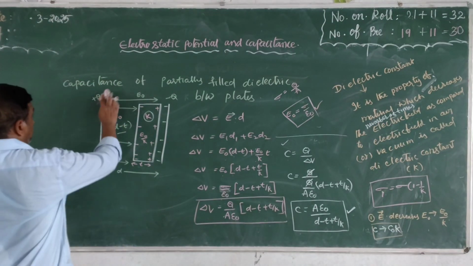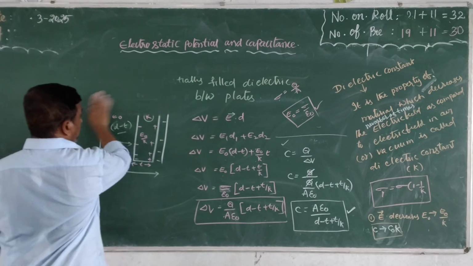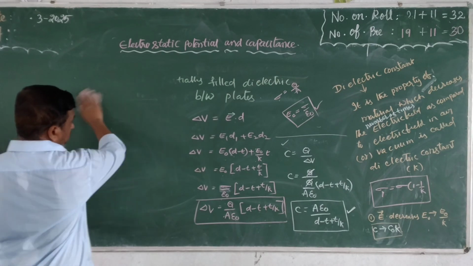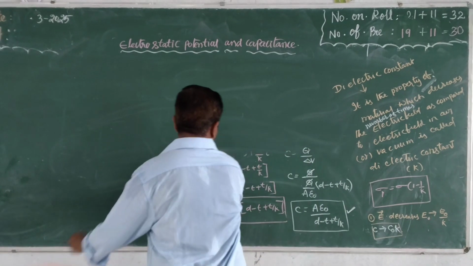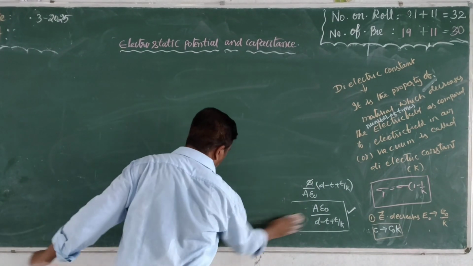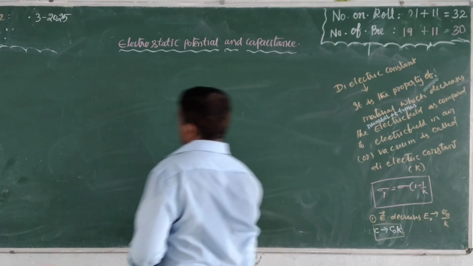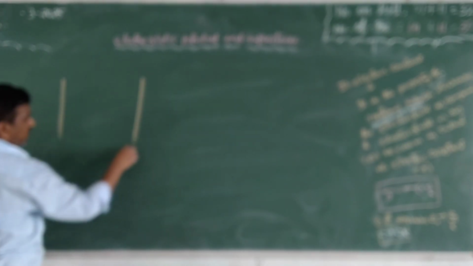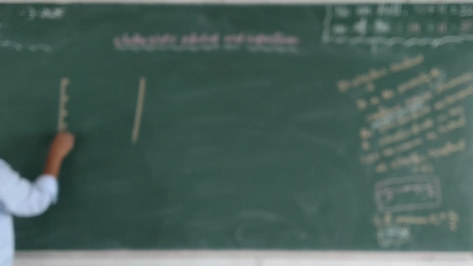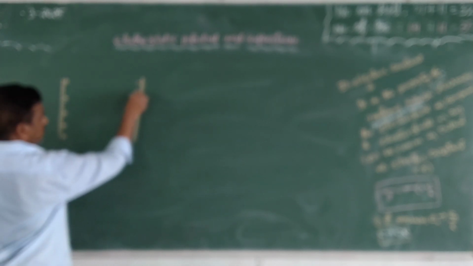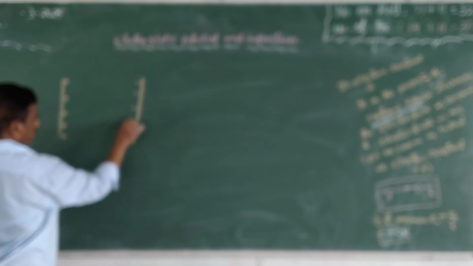For example, see, two dielectrics are placed. What is the capacitance that we find out? Here it is the parallel plates, plus and minus negative charge.